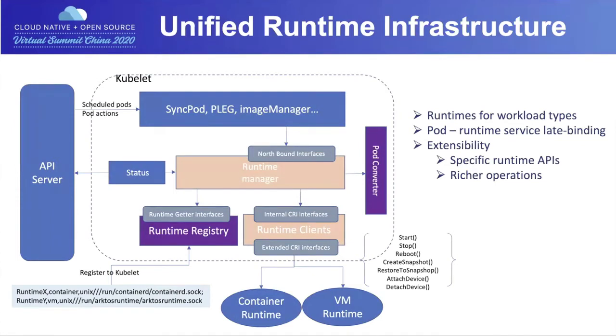The components highlighted in purple and tan colors are major changes to achieve these goals. The Kubelets now accept multiple runtime endpoints and additional information for the workload type and the designated runtime names. A new component, runtime registry, was added to store and maintain this information.